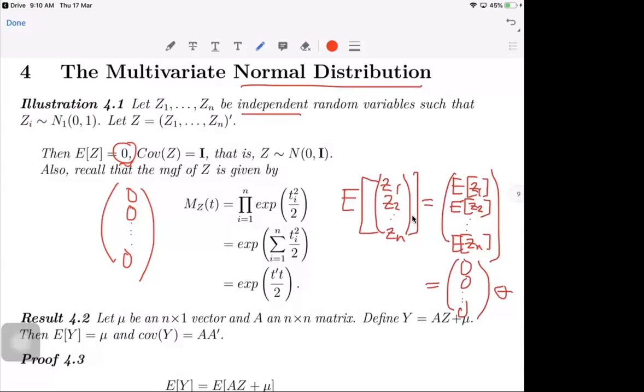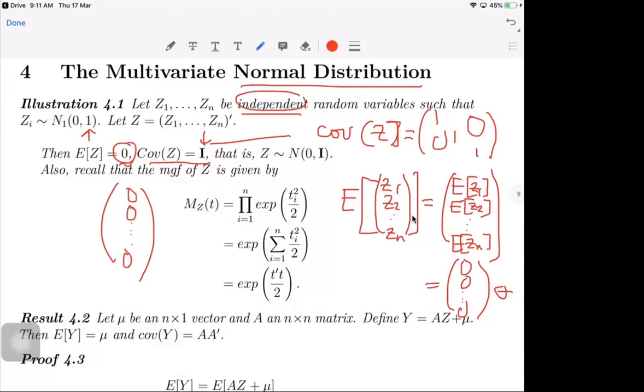Because each of the zi's will have mean 0 and variance equal to 1, the covariance of z will be equal to the identity matrix, wherein all diagonal entries are 1 and the off diagonals are equal to 0.